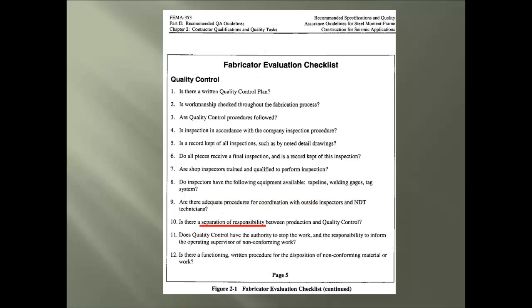Number 10, is there any conflict of interest within the production and QC professional? Number 11, does the QC professional have the proper authority within the company? Number 12, is there a proper sequence for repair of rejected work?